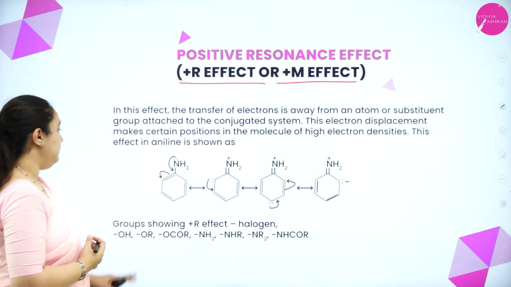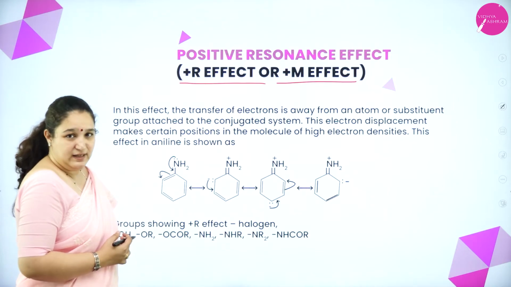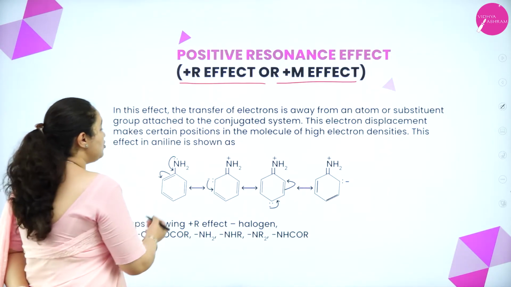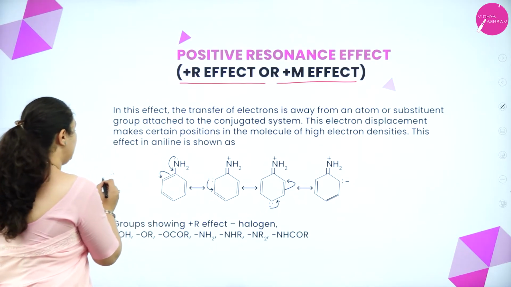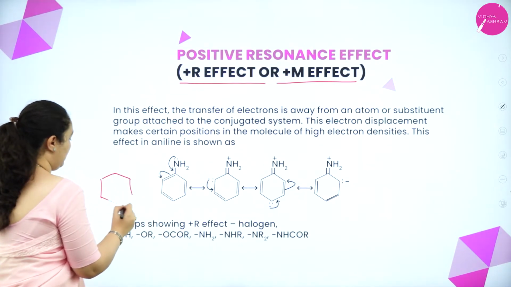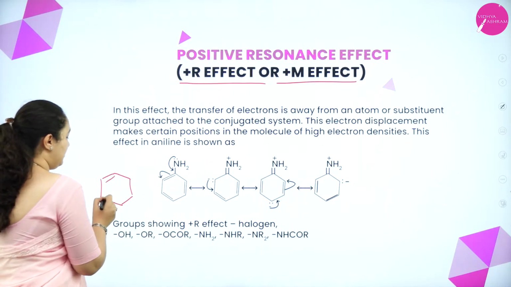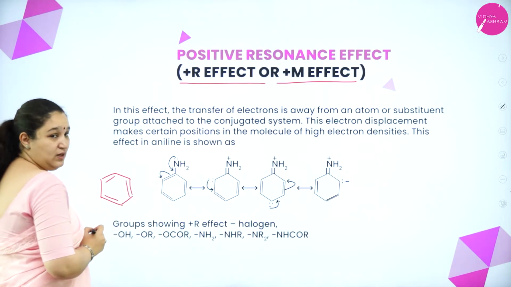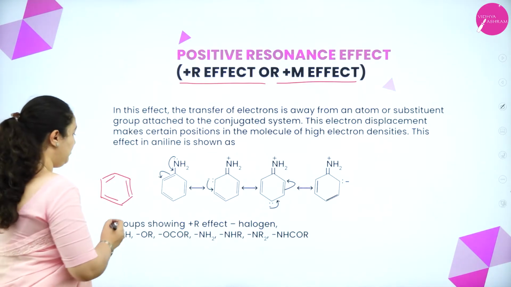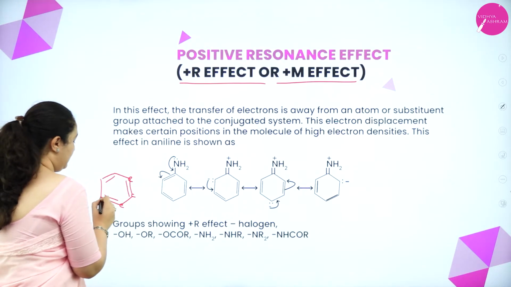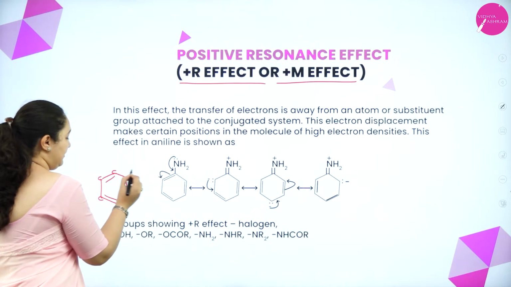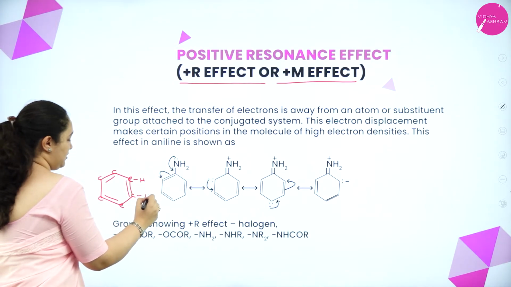Now for example, this is the molecule of aniline. So I have an NH2 group on the benzene ring. This is the benzene ring. I told you there are alternate carbon-carbon double bonds. And I hope you know the benzene ring has carbon, carbon, carbon, carbon, carbon and one hydrogen like this.